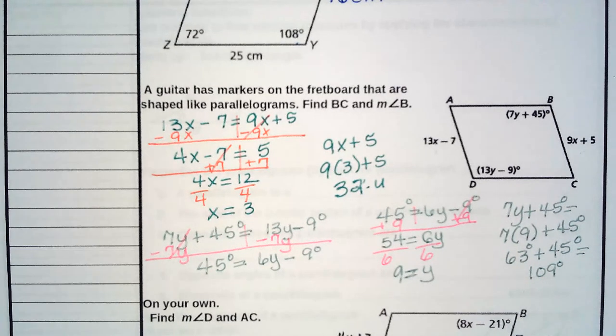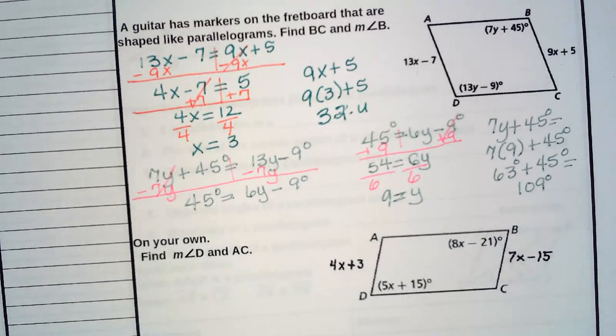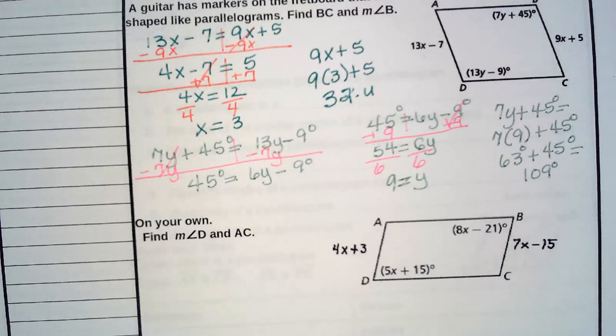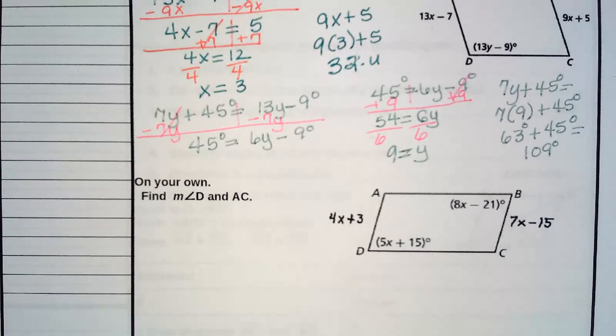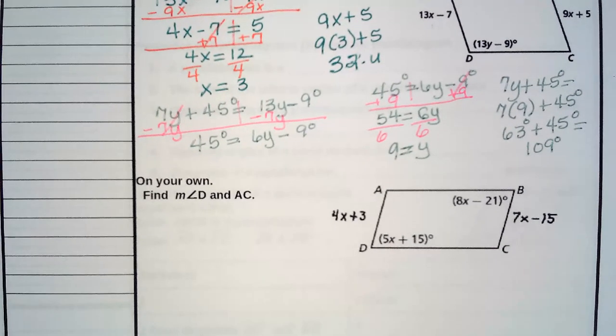And we are done. So, you're supposed to pause the video now and see if you can do the last one on your own. The last one is identical to what we just did, except with different numbers.